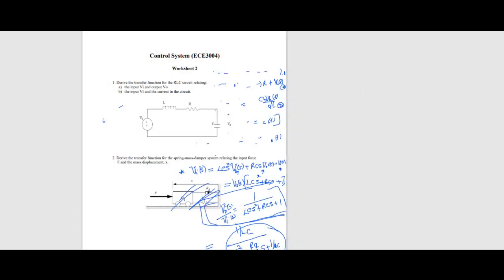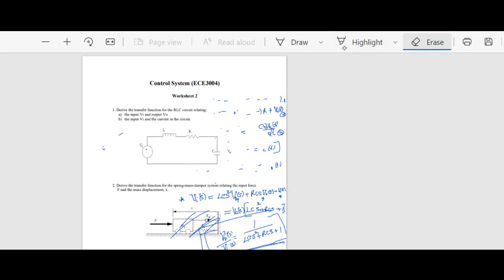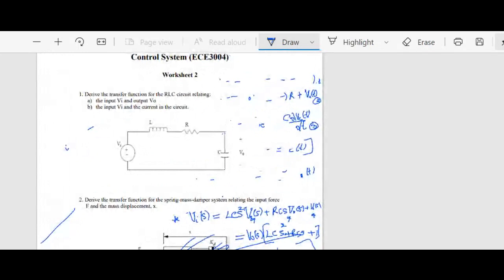Okay. When we look at this network, we can actually treat it as reactive components.